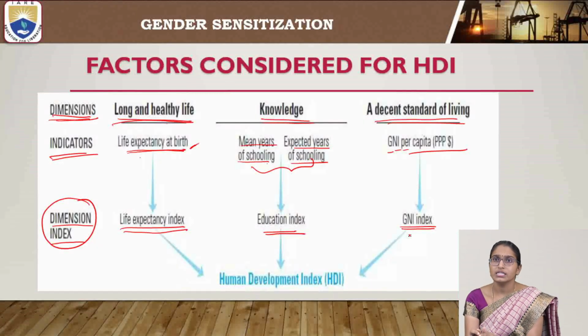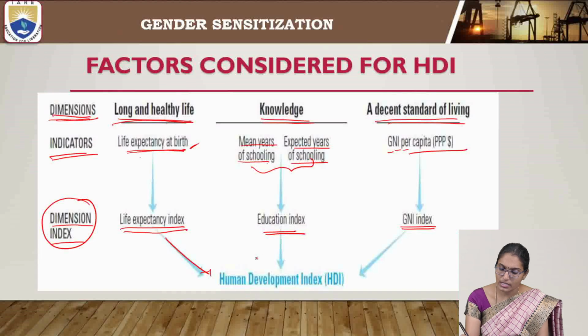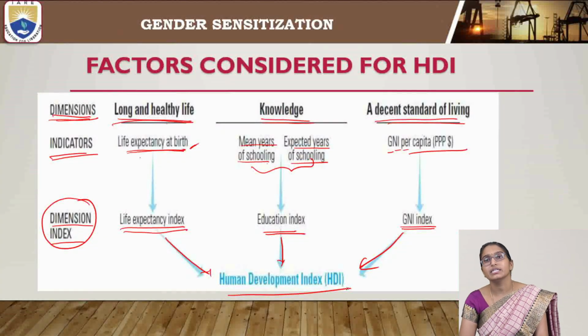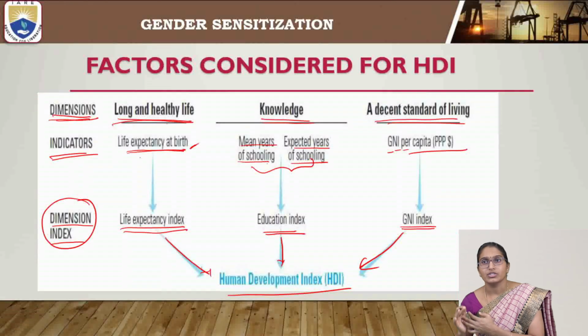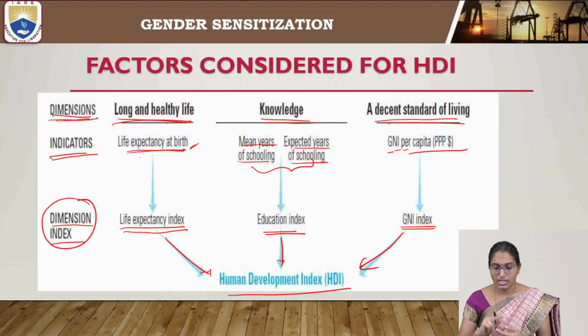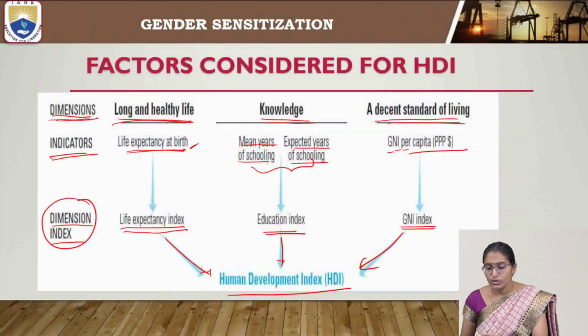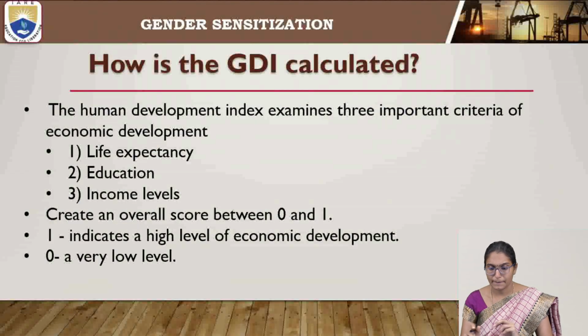All these three things together count for the Human Development Index. The education index, GNI index, and life expectancy index, these three combined will give the Human Development Index.